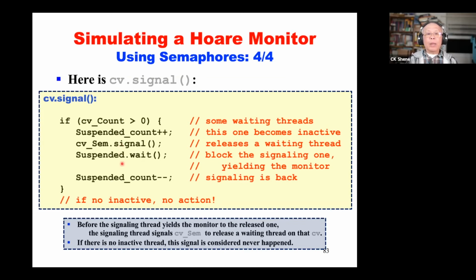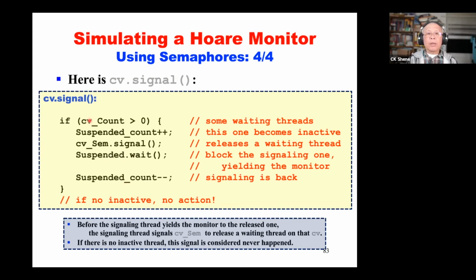This suspended.wait simply simulates the signaling thread yielding the monitor to the released one. When this thread is released by someone, the suspended count is subtracted by 1 and it gets out.